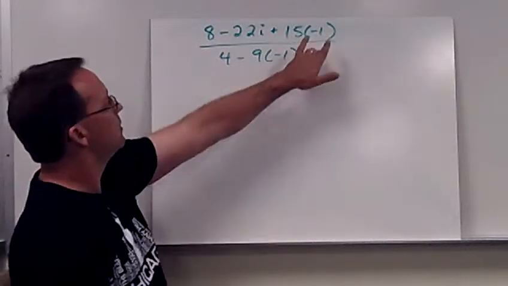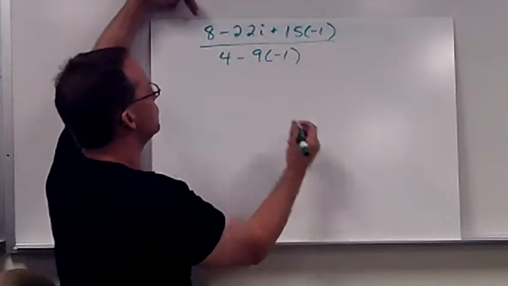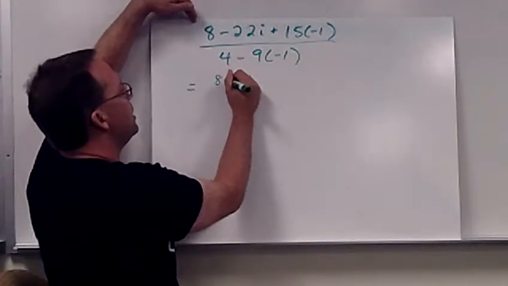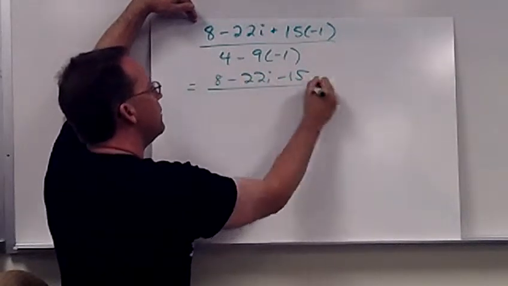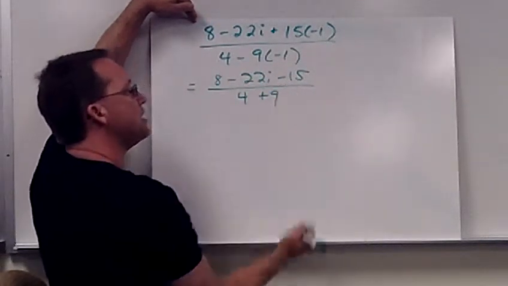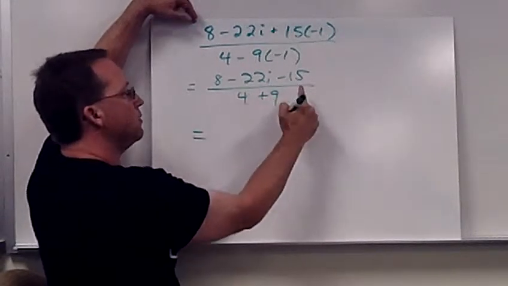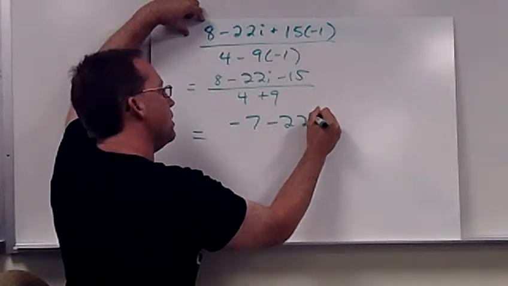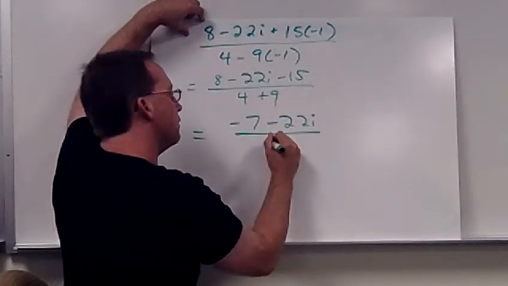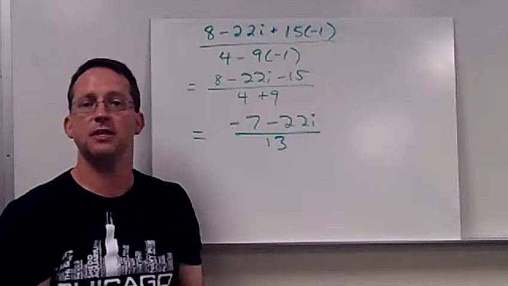All right? Now let's simplify. So we have 8 minus 22i minus 15 on top, and just 4 plus 9 on the bottom. So the numerator becomes negative 7 minus 22i over, and our denominator is just 13.